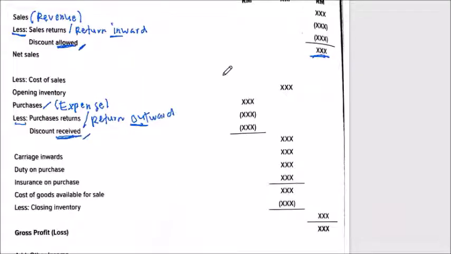Let us look. So you can see here, carriage inward is included in the cost of purchase, of cost of sales. So here it is. It is an expense that increases the purchase price, the purchase transaction, cost of purchase.